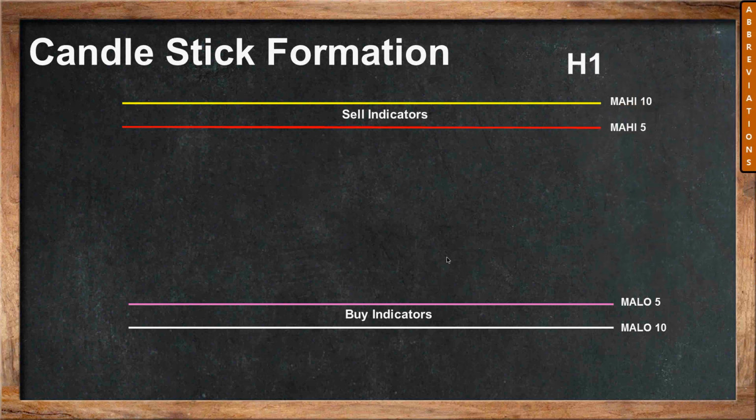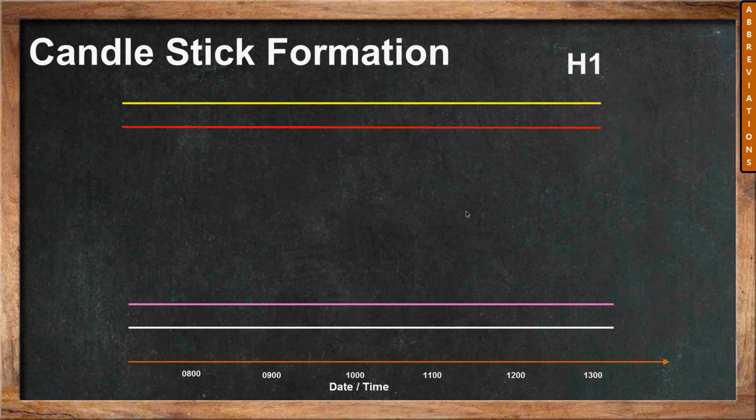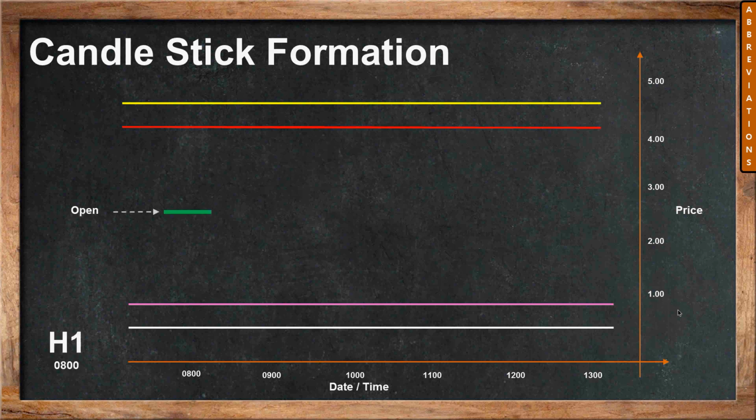All right, so now we're in the H1 time frame. As I said earlier, we have the date and time at the bottom, and on the right hand side, on the X and Y axis, you have the price. Let's say right now we are on an H1 time frame and the time is 8 o'clock.